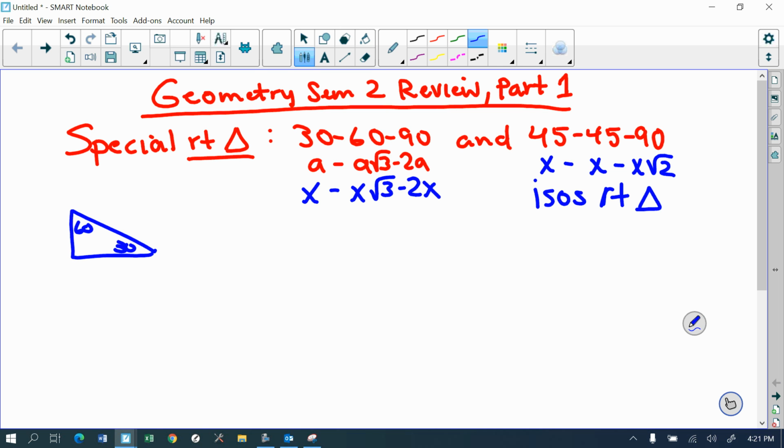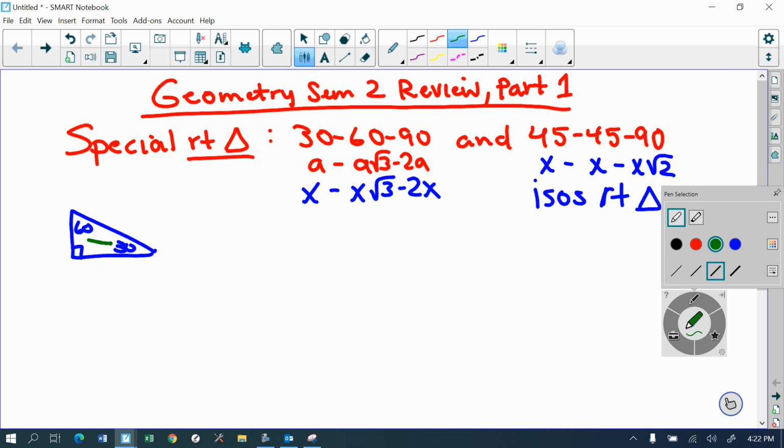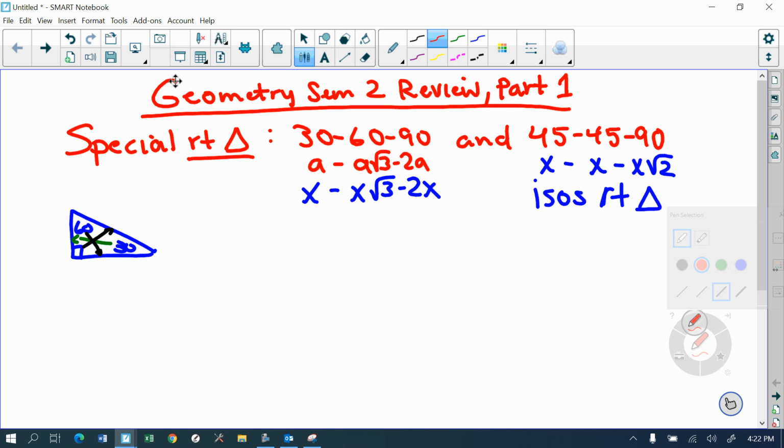30, 60, 90. Now let's say we'll start with giving us the 30-degree side. Remember, the 30-degree side is across from the 30-degree angle. So that is the 30-degree side. This is the 60-degree side. And this is the hypotenuse, the 90-degree side. All right, so remember, identify the hypotenuse first.